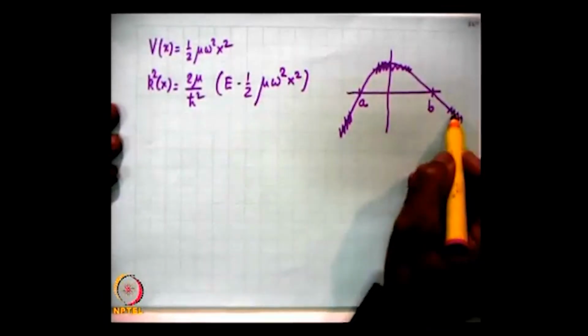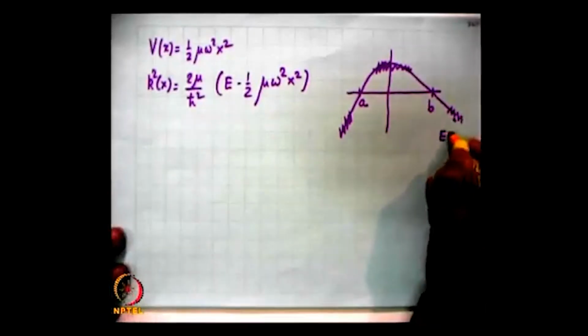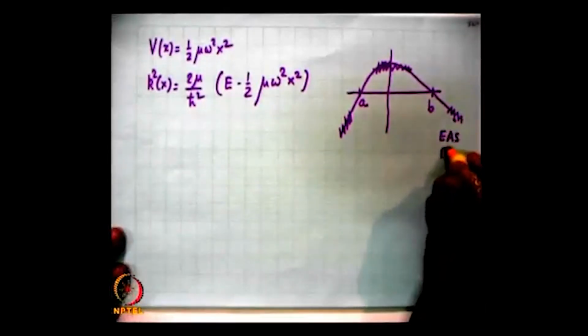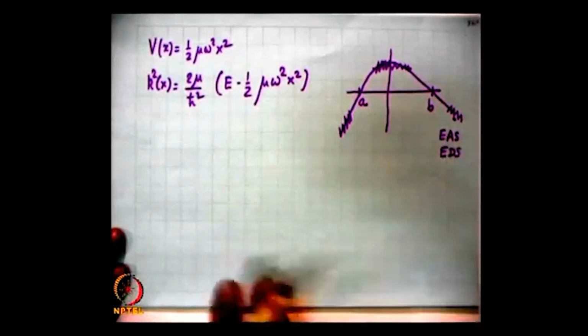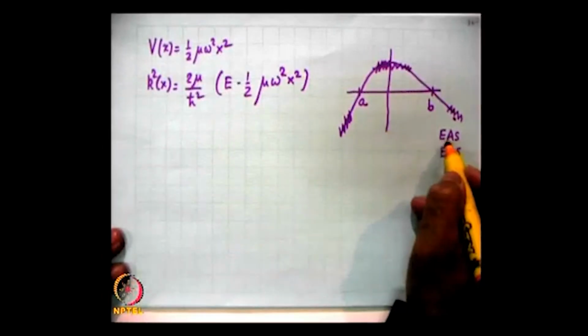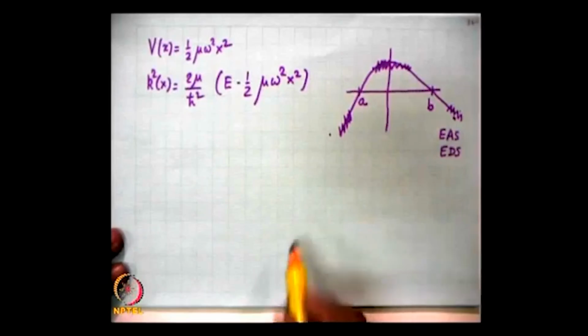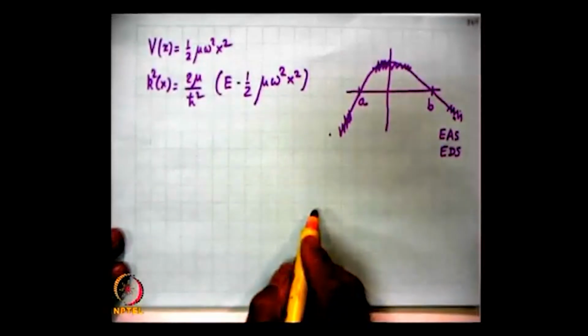and we will find that in this region we will have both exponentially amplifying solutions as well as exponentially decaying solutions. For a bound state, an exponentially decaying solution should go over to an exponentially decaying solution.